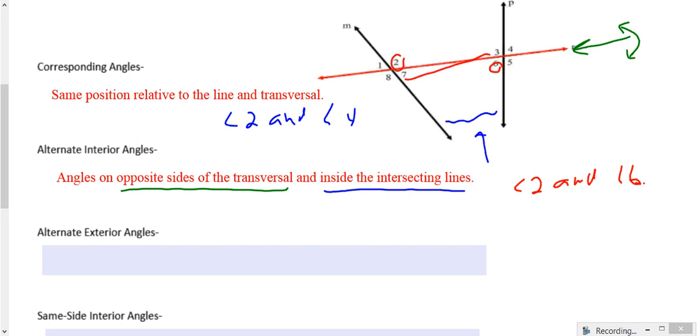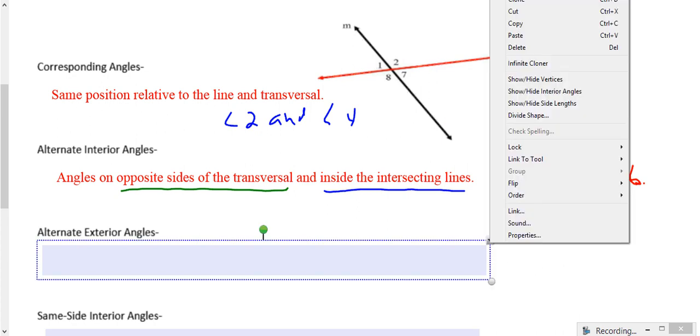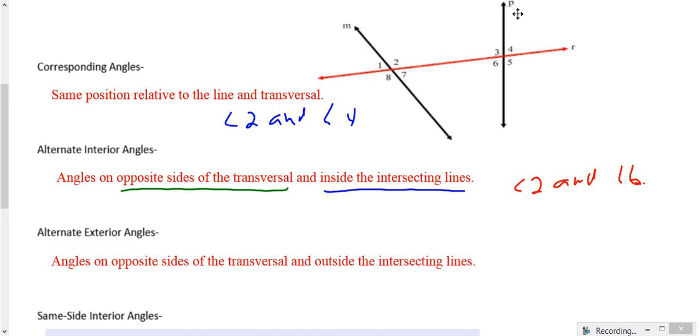Another definition would be alternate exterior. Now notice the definition of this one. Now we're talking about opposite sides of the transversal, which is the same, opposite sides of the transversal, but now outside the intersecting lines.